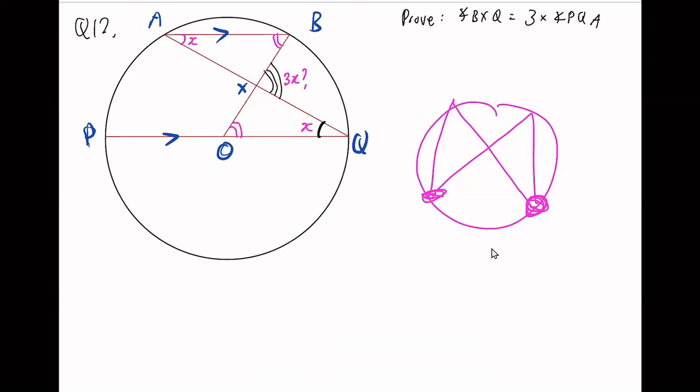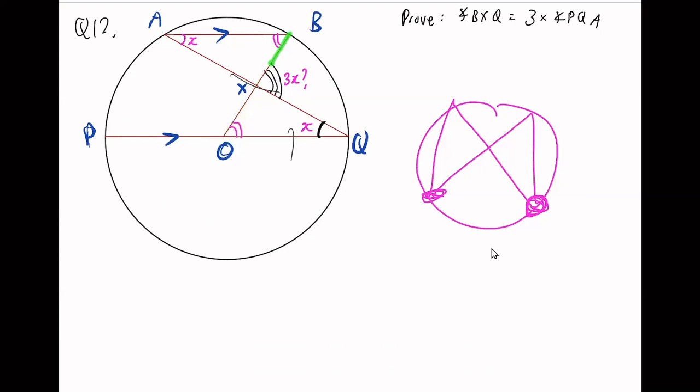What do you call this angle? Angle at where? Circumference? No. Where is this? What is this, the center, point O?